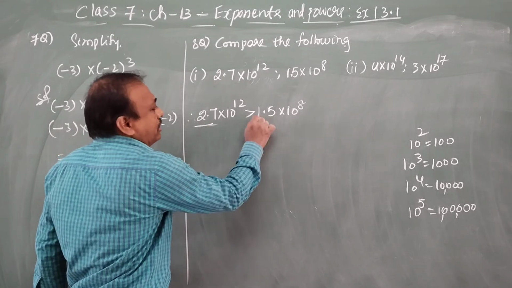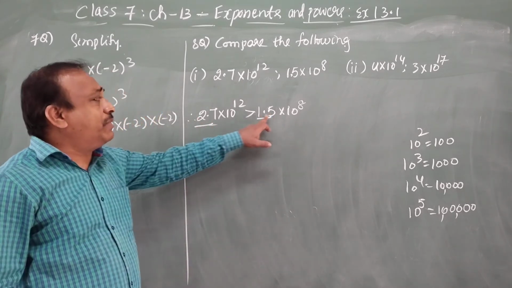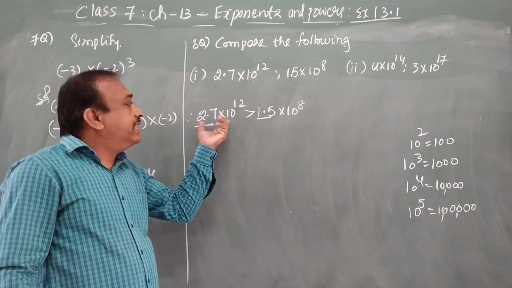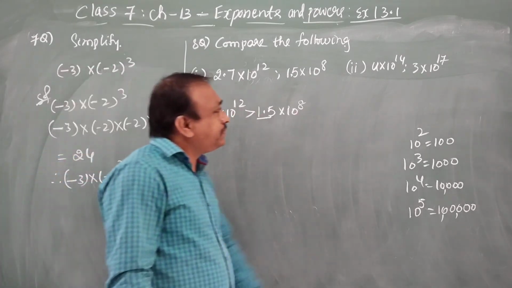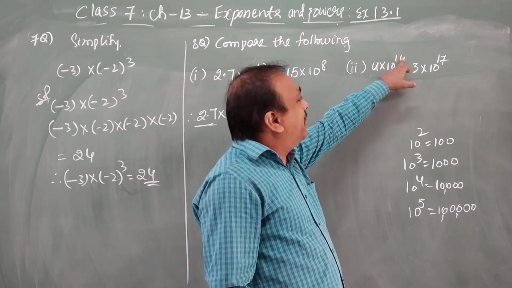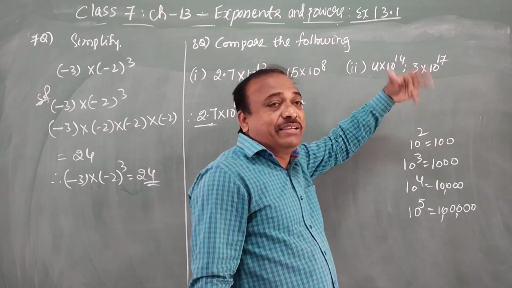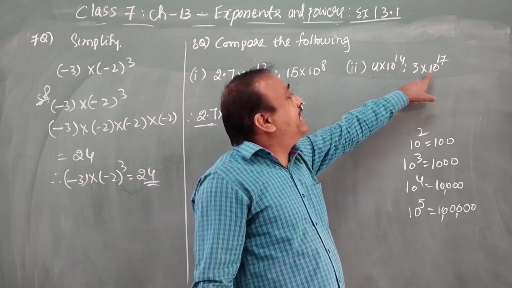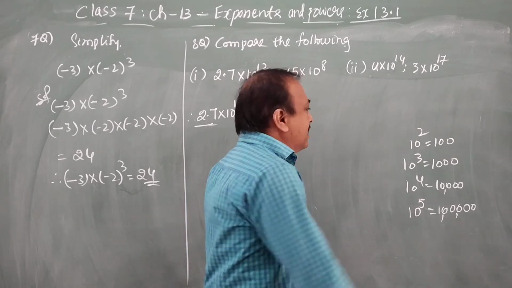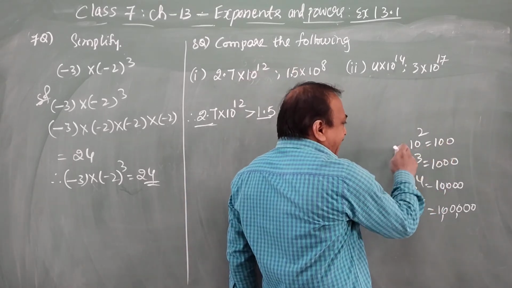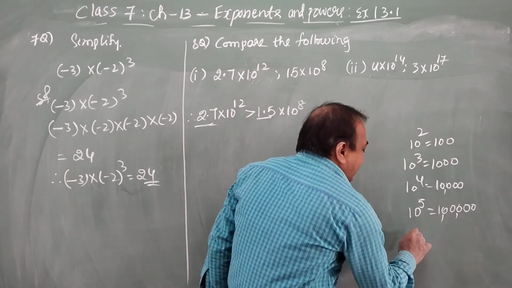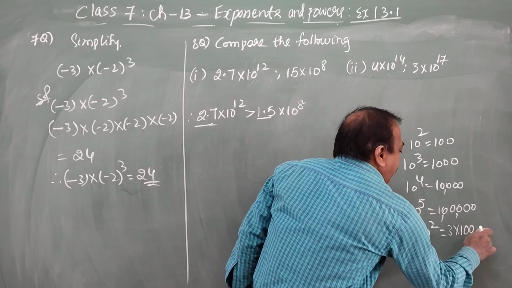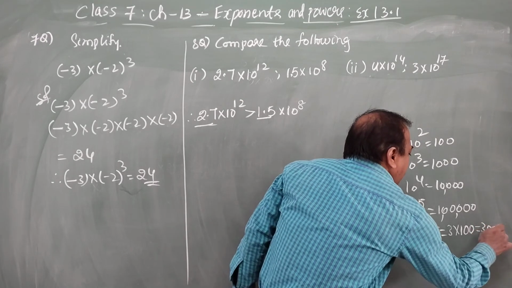These digits anyhow are 2.7 and 1.5, but you see the power; the bigger power gives the bigger number. Now 4 into 10 to the power 14, 3 into 10 to the power 17. Similarly, this is 4 and this is 3, but 10 to the power 14 and 10 to the power 17. Suppose we write 3 into 10 square, what is the answer? 3 into 100, which is 300.